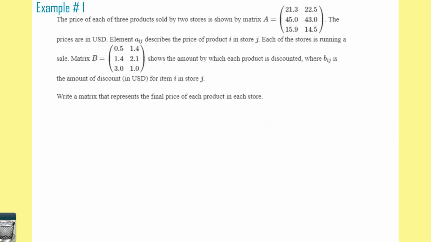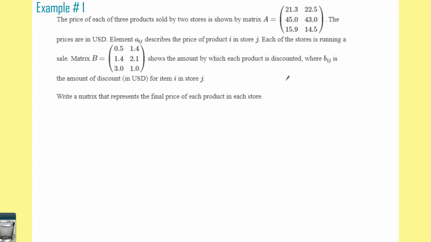All right, so let's do a word problem. For this problem, this is a list of all the prices of 3 products sold by 2 stores. And they're running a discount. So each item is being discounted by this much.